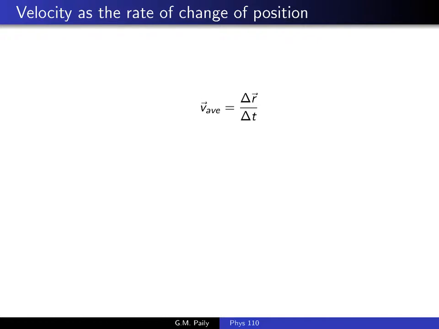Now that we have learned about position and displacement, we can talk about the rate of change of position. That is, how position changes with time. We define the average velocity over a certain time period to be the change in position divided by the change in time. And this gives the average velocity over that time period.